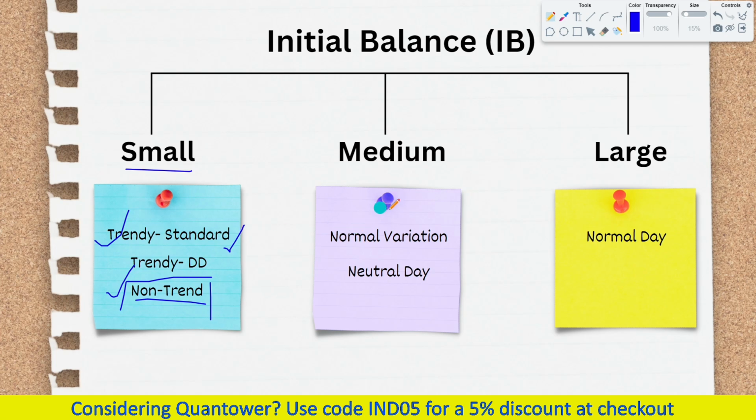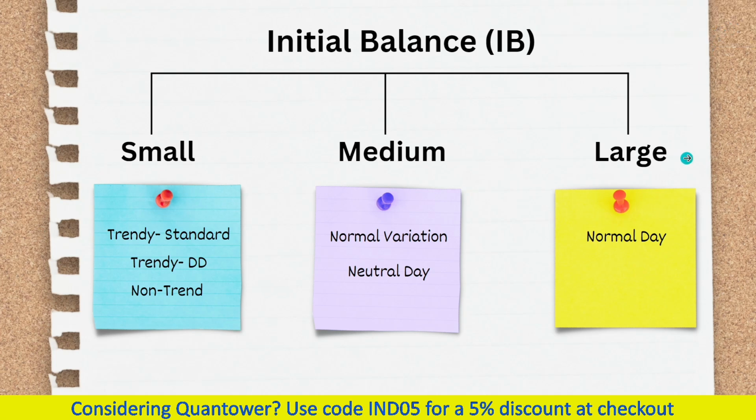But if you see the majority of our trading days, we see the medium IB on most days. I am going to show you the data in the next few minutes, but I hope you understood this very clearly, because I am repeating it two or three times, because this is the base. From here on you will add all the concepts so that you will increase your market profile understanding.